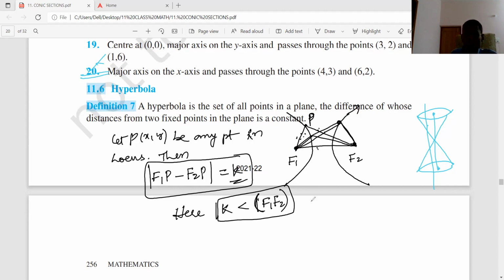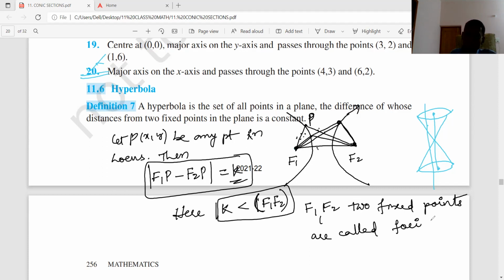Now again, F1 and F2 are two fixed points. These two fixed points are called what? Again, foci, plural of focus.